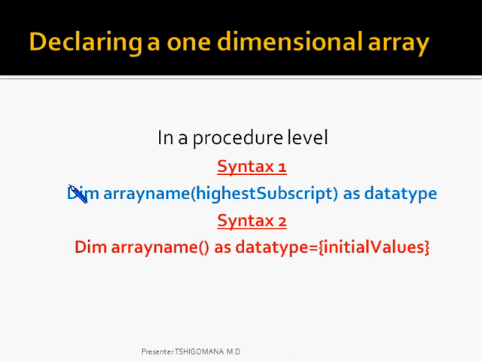In other words, syntax number 1: Dim array name(highest subscript) As data type. Syntax number 2: Dim array name() As data type = {initial values}.